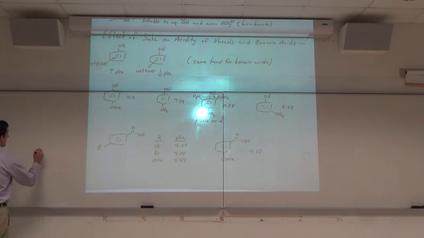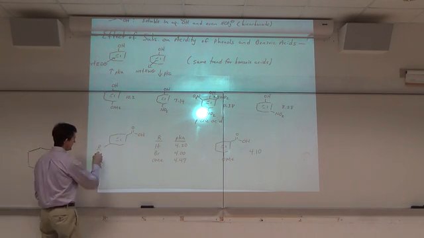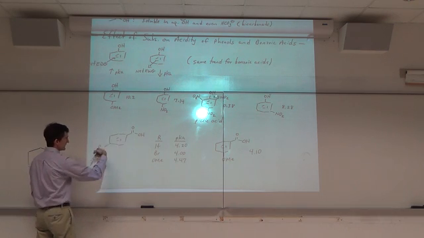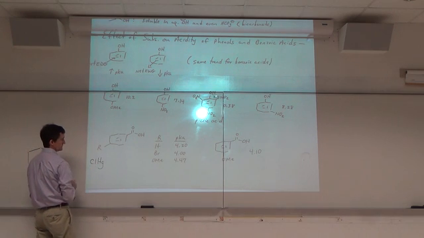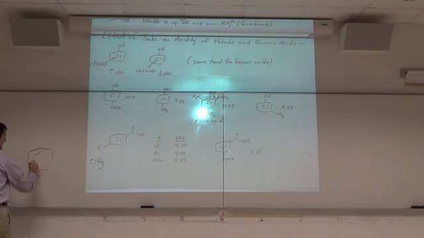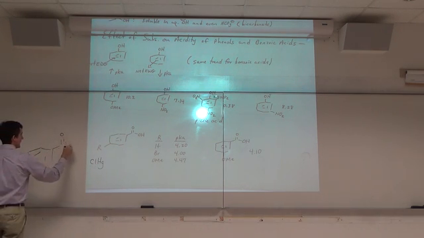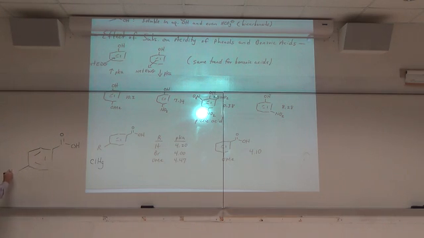For example, what if this was, I've already got a structure. What if R was HgCl? Mercury is usually divalent when it's covalent.